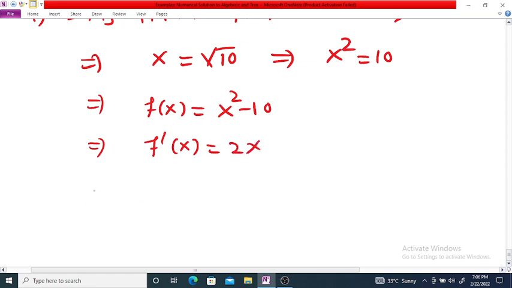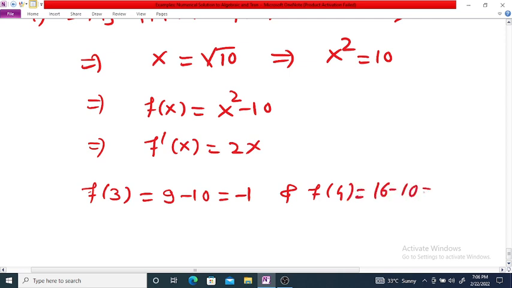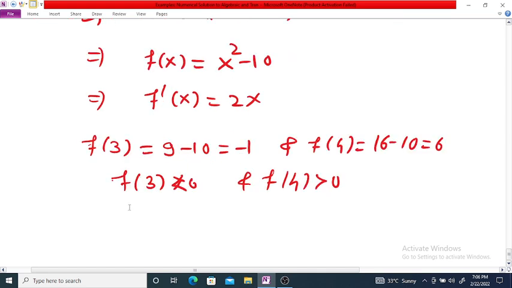Now f of 3 is equal to 9 minus 10, which is equal to minus 1, and f of 4 is equal to 16 minus 10, which is equal to 6. So f of 3 is less than 0 and f of 4 is greater than 0, and therefore the root lies in the interval 3 to 4.